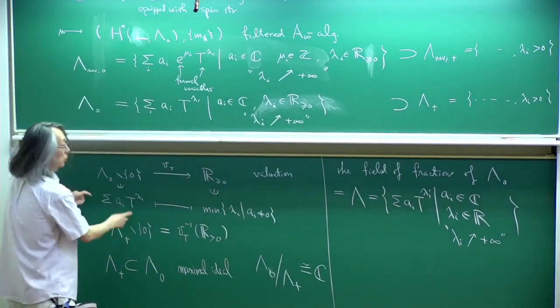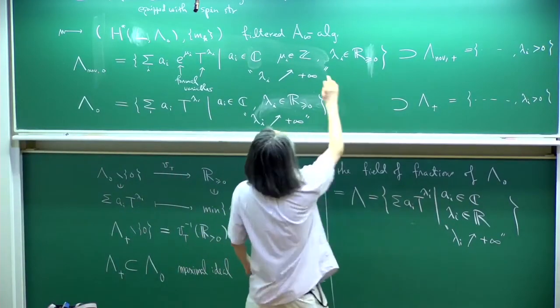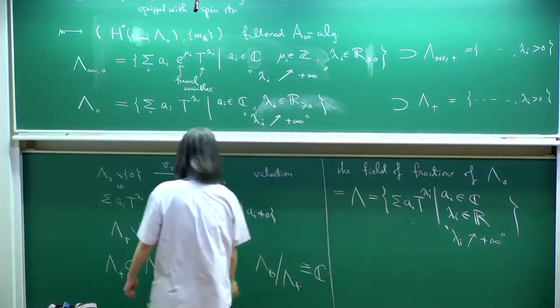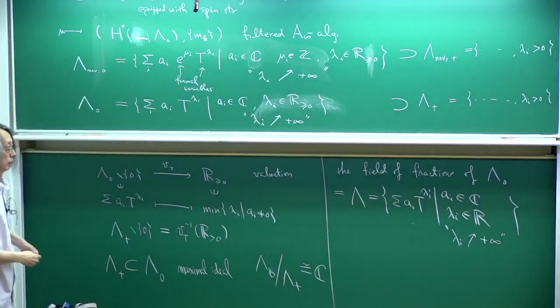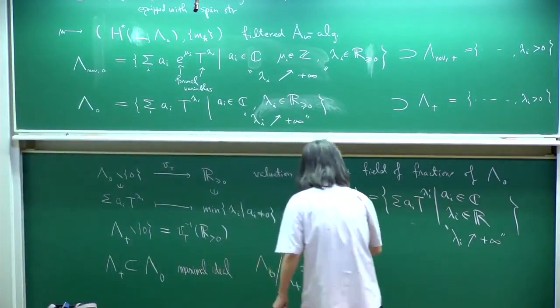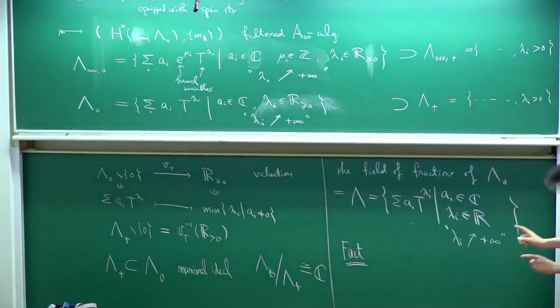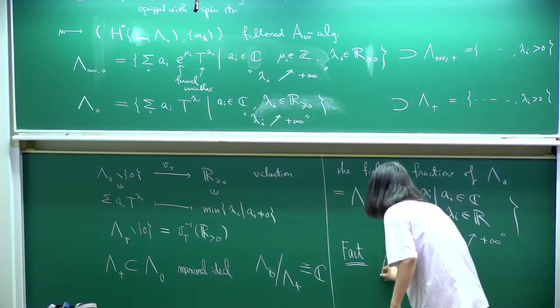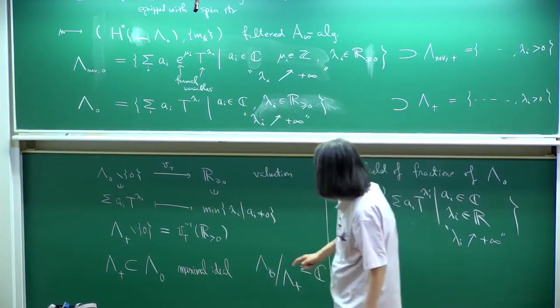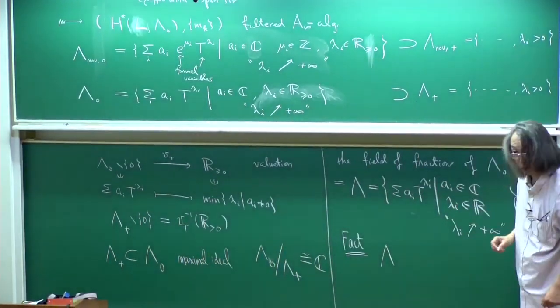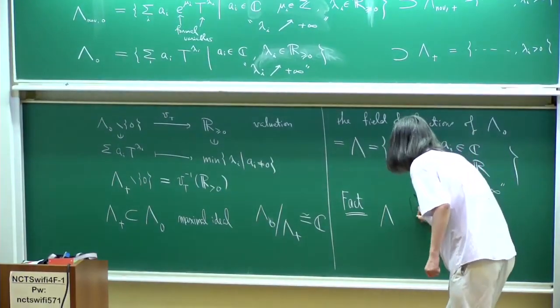This one is certainly bigger than Lambda_0, but it is actually the field of fractions of this ring. And there is a fact, which I didn't really mention last time: in this case, since I only consider complex numbers, this Lambda is actually algebraically closed.